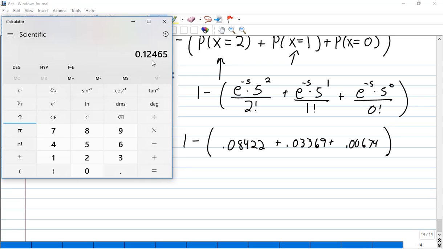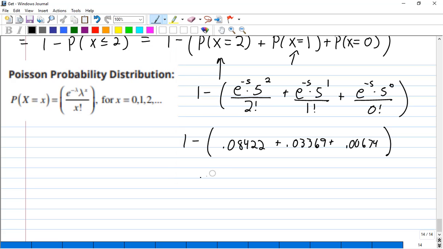So I'm going to say 1 minus that. The way I can do that is just make it negative and add 1 to it. Of course, this is a rounded answer, rounded to 5 places, but it's 0.87535.